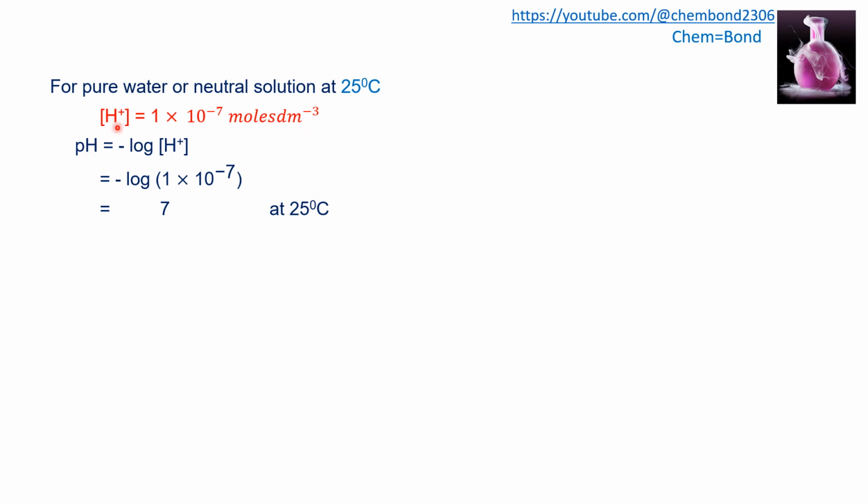So the pH in this case is equal to minus log of hydrogen ion concentration, which is minus log of 10 raised to power minus 7, and it is equal to 7 at 25 degrees C. So we know that the pH will be 7 for a neutral solution. If the pH is less than 7, the solution will be acidic, and if the pH is greater than 7, then the solution will be basic.